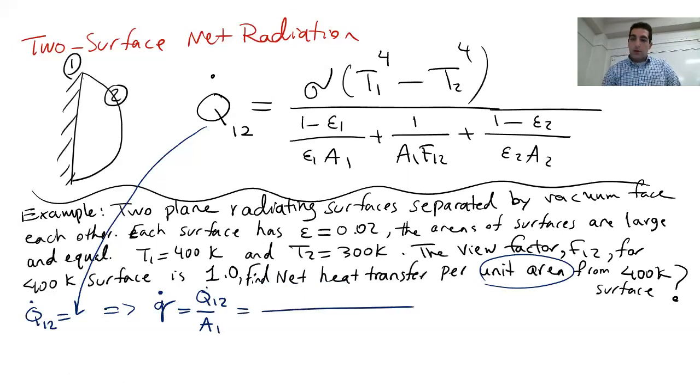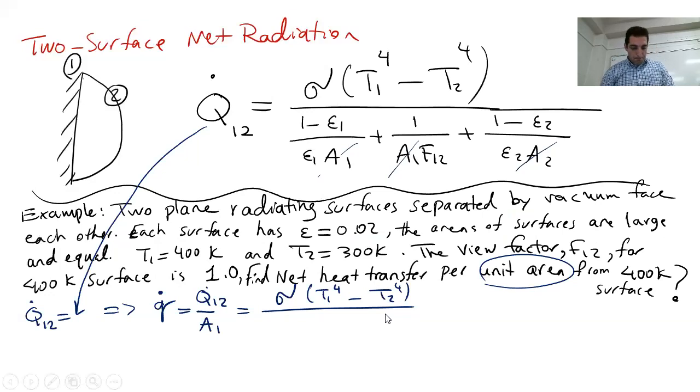Because all the areas are the same, A1 is equal to A2, and they cancel out each other. Since it's based on the area, you can assume area is 1, or simply divide all sides by area. So my new equation: the numerator is sigma T1^4 minus T2^4, and the denominator is the same.